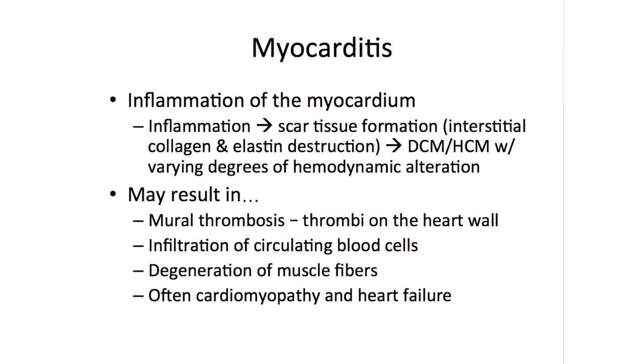This condition can result in dilated or hypertrophic cardiomyopathy with varying degrees of hemodynamic alteration. Myocarditis may result in mural thrombosis, where there are thrombi on the heart wall, infiltration of circulating blood cells, degeneration of muscle fibers, and often cardiomyopathy and heart failure.